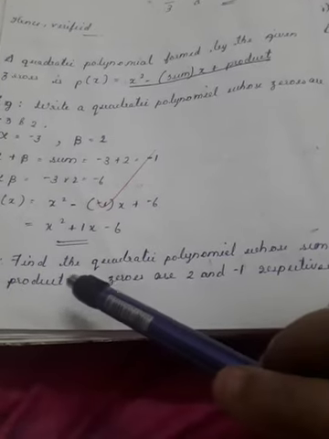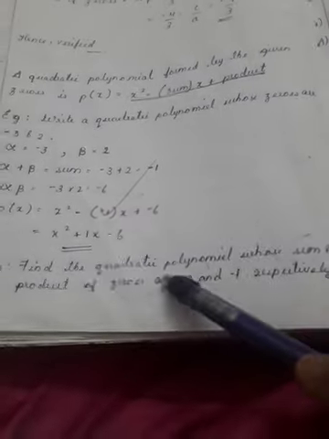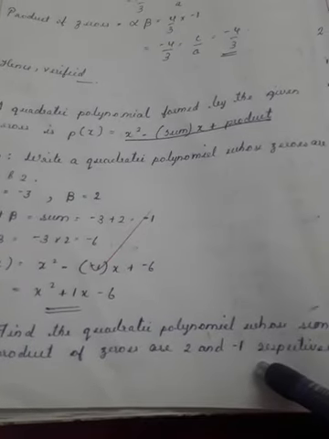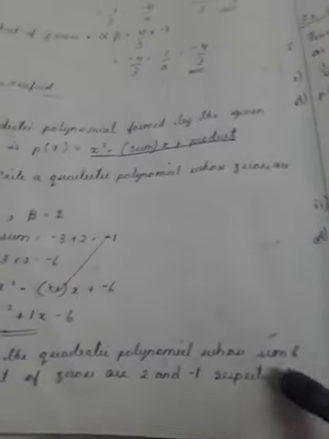In the next example, the question is: find the quadratic polynomial whose sum and product of zeros are 2 and negative 1 respectively.